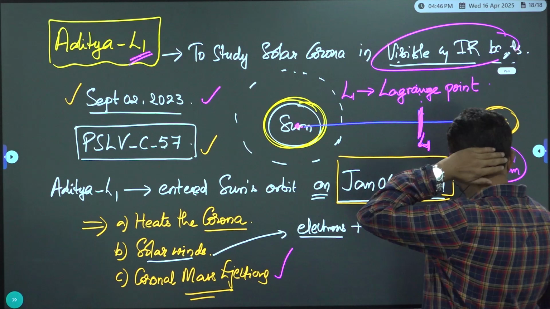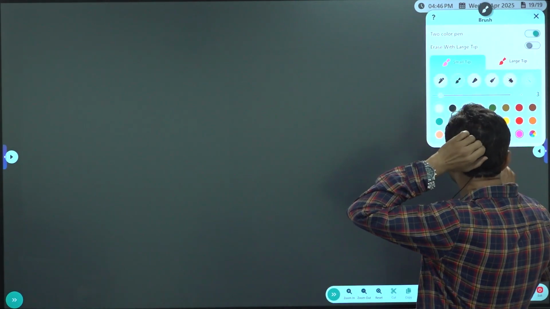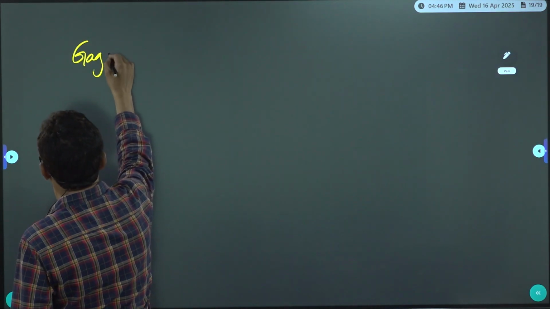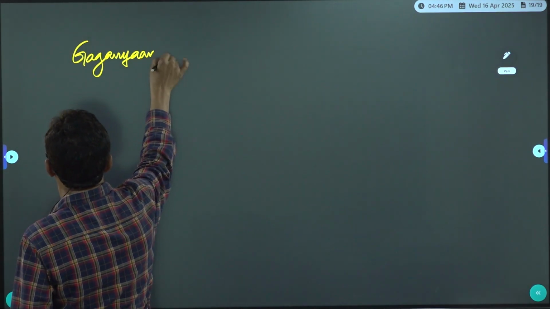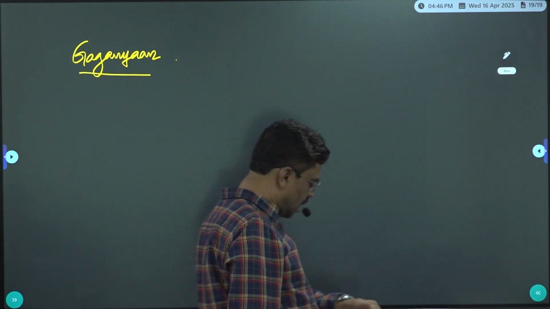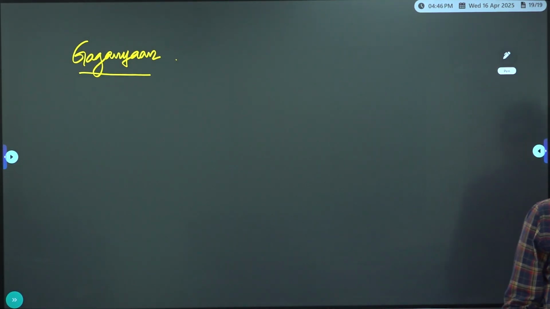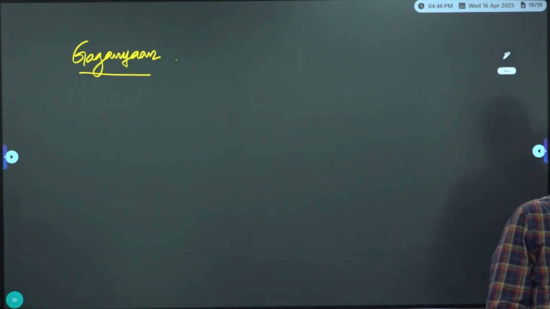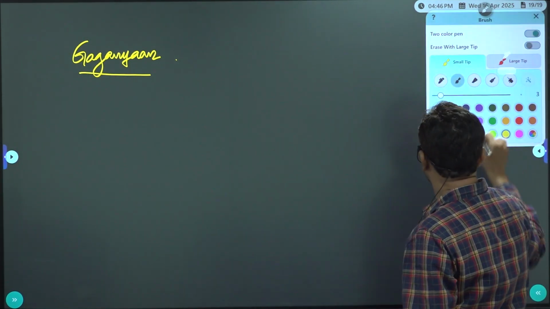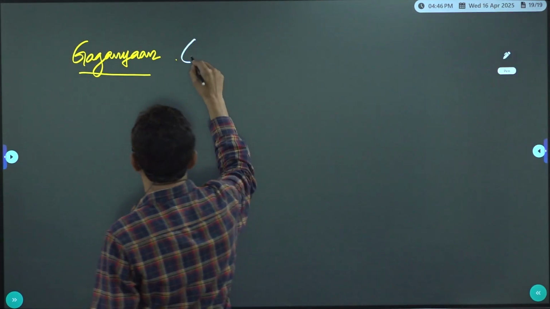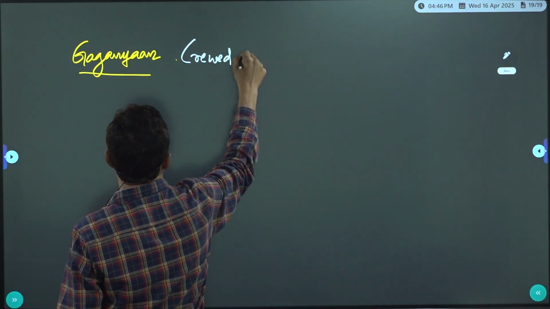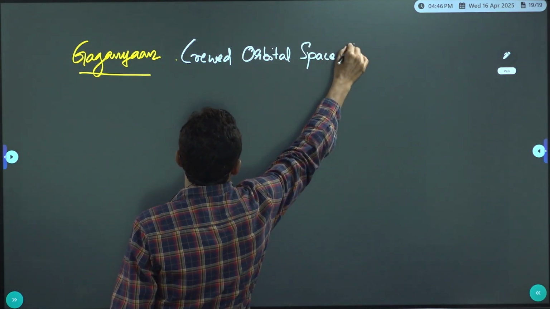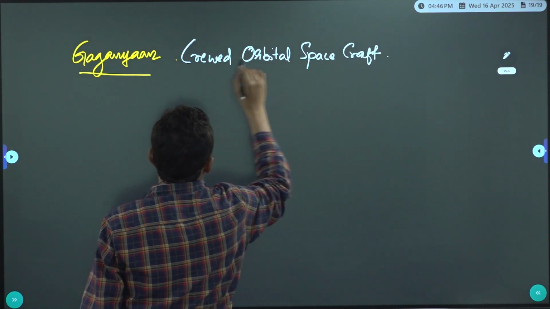Gaganyaan is a crewed orbital spacecraft. Crewed means it carries astronauts.